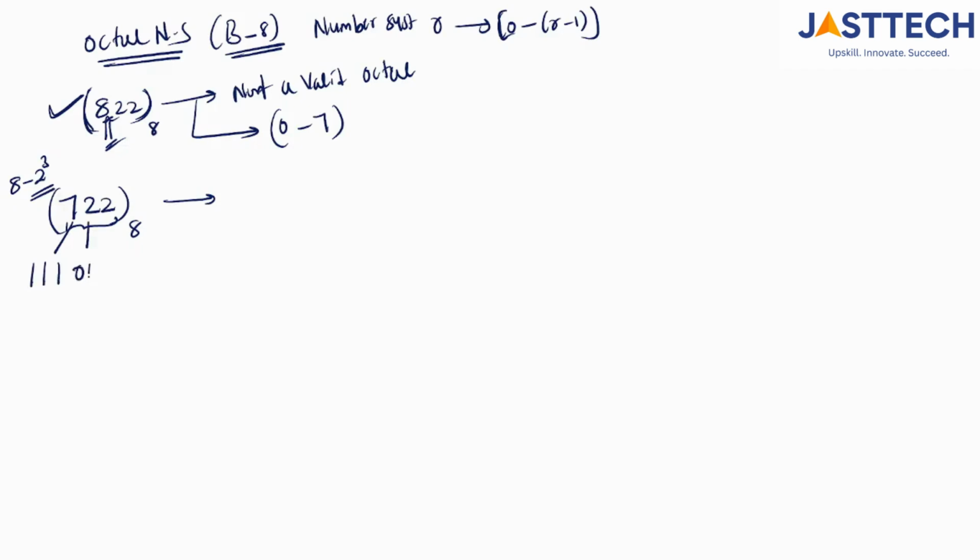This is 0, 1, 0, and this is 0, 1, 0. 9 tick octal, what is the value? 722. 9 tick o 722. Like this you will represent.